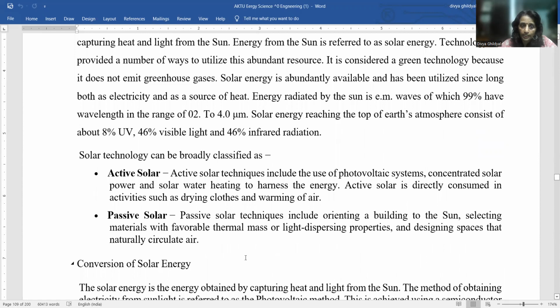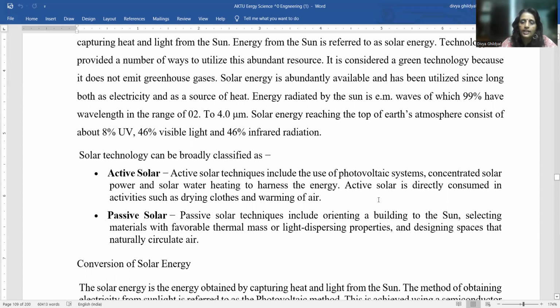Solar technology is divided into 2 broad classifications. Active ones include photovoltaic systems, concentrated solar power, and solar water heating to harness the energy.